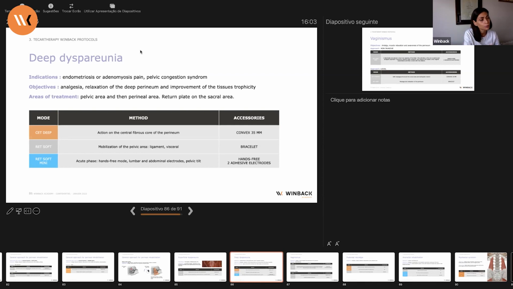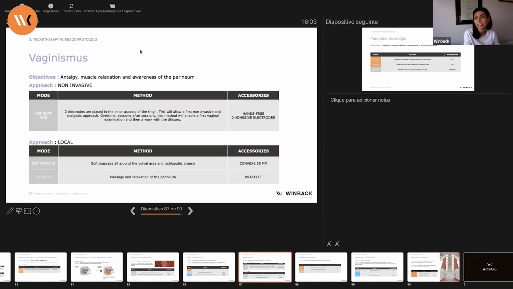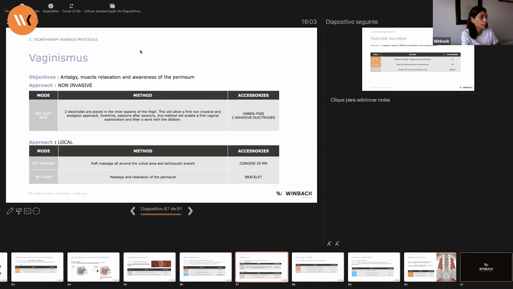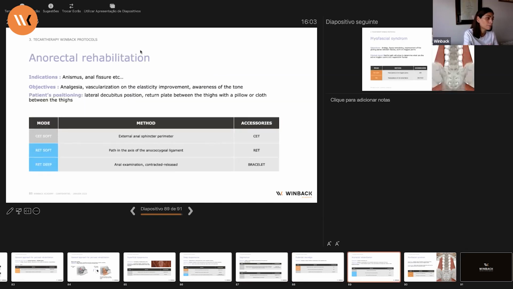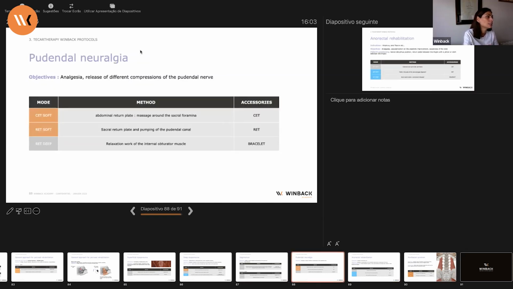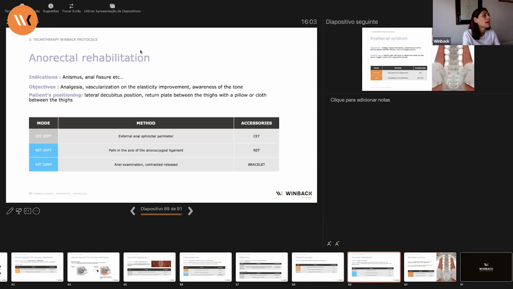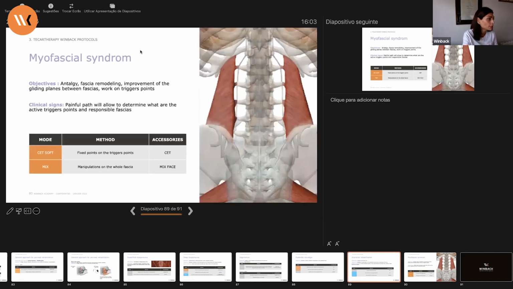Just make sure to put the return plate in the right position and the active electrodes, okay? We also have a vaginismus protocol, a pudendal neurology protocol. In cases of anorectal rehabilitation, we always work on both men and women.